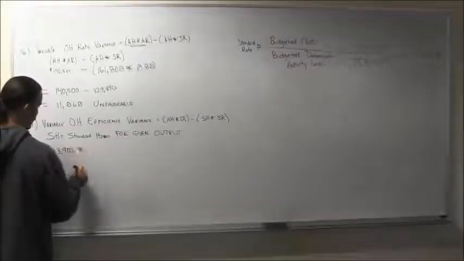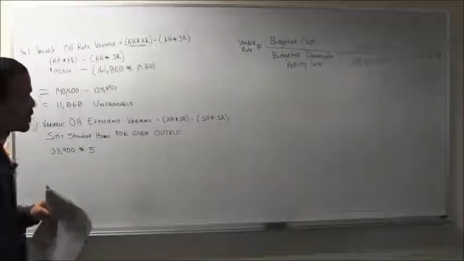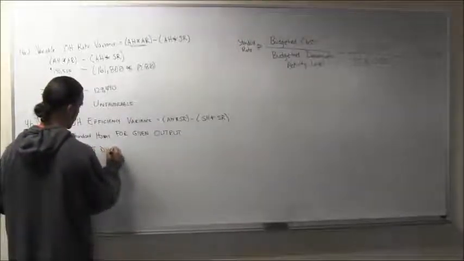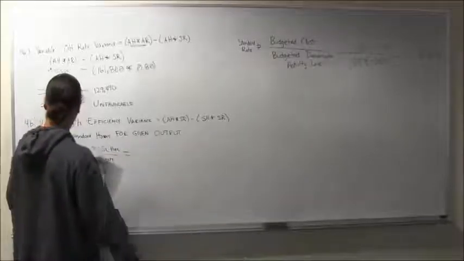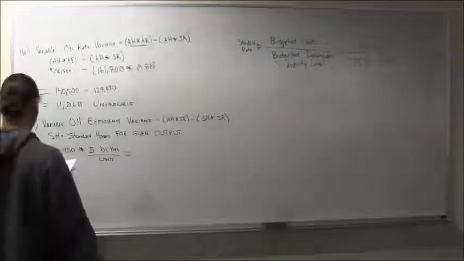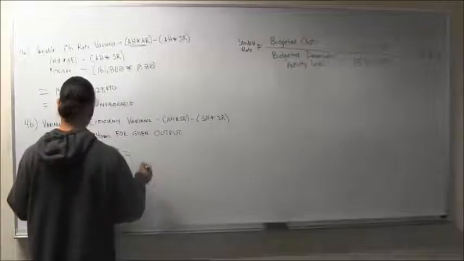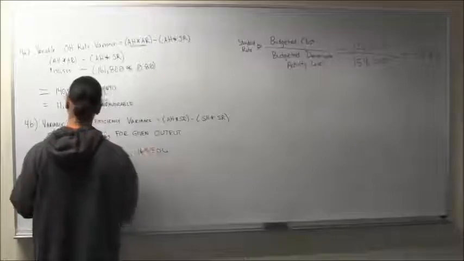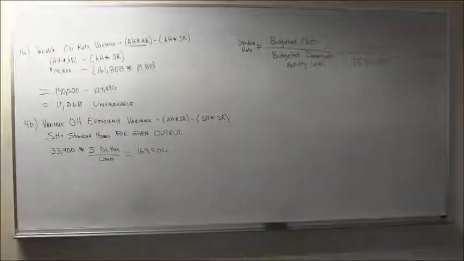33,900 times 5 direct labor hours per unit, and that gives us 169,500 hours.